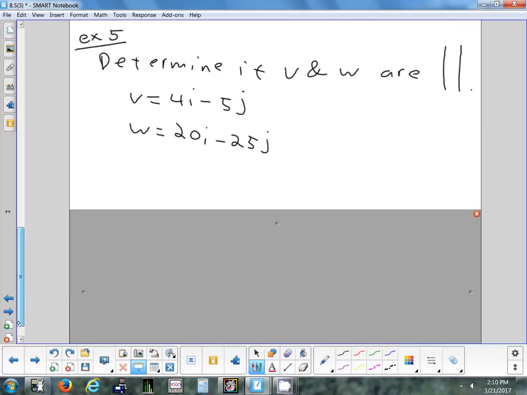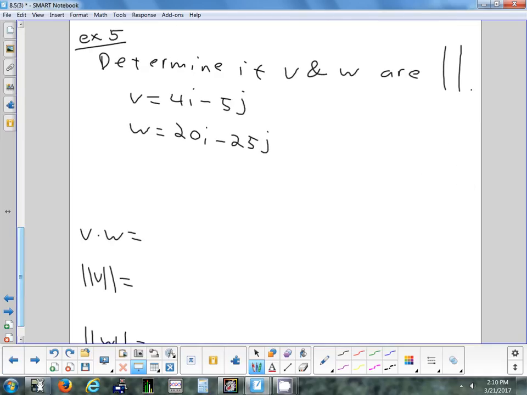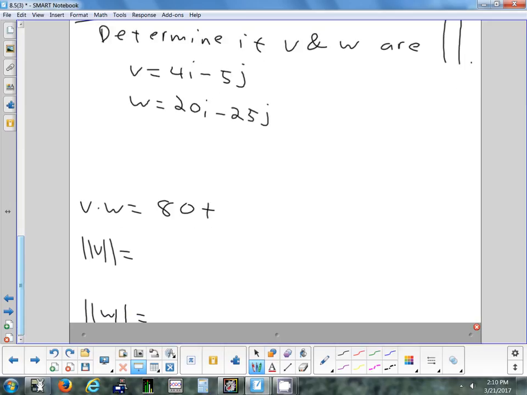I'll start with the dot product, which is going to be 4 times 20 is 80. And what's -5 times -25? 125. And then we add those up. What do we get? 205. Okay, so that's our dot product.